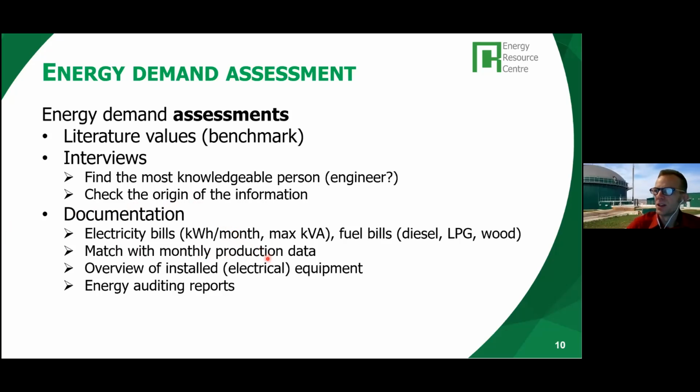The second source of information is documentation that is typically found in companies. It helps a lot, of course, if there are electricity bills from a company that is connected to the grid. It will give you at least the amount of kilowatt hours consumed per month, and in many cases also the maximum kVA that is used by the factory in each of the months.